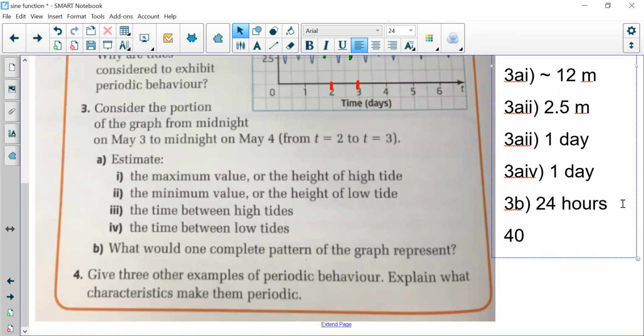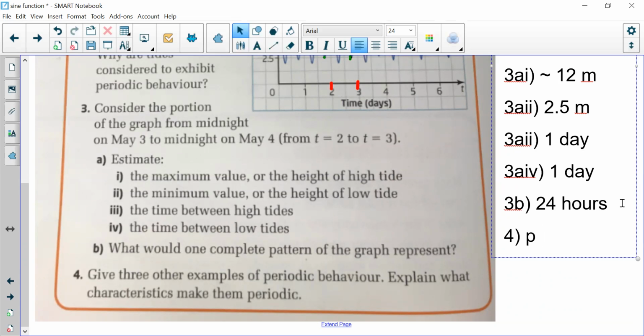Number 4, give 3 other examples of periodic behavior. Explain what makes them periodic. Let's just brainstorm quickly. What have I previously said, or what do you know as far as patterns that are periodic or repeat? The moon and the sun. Good.